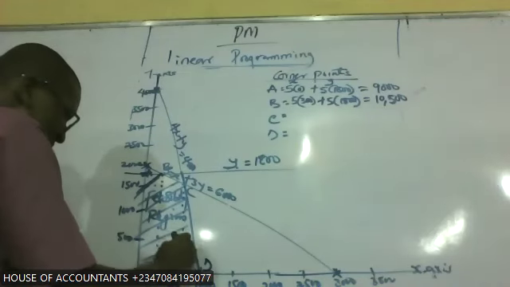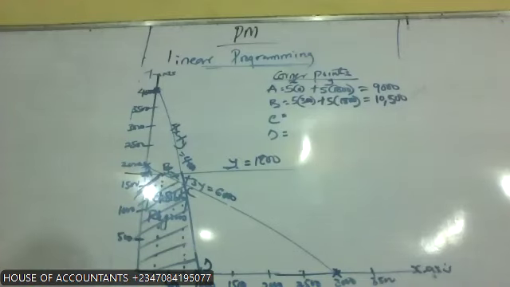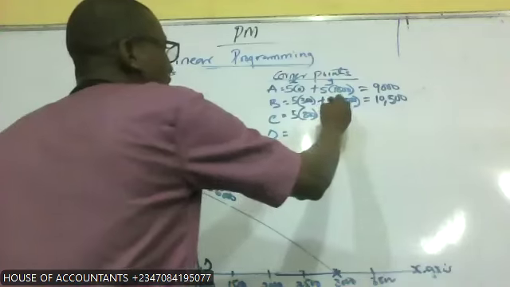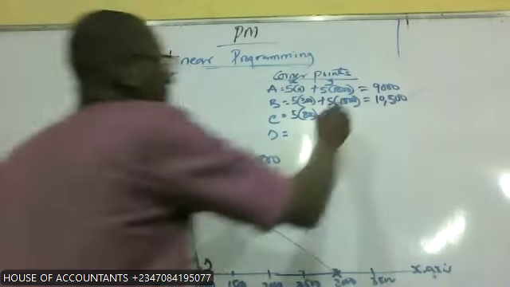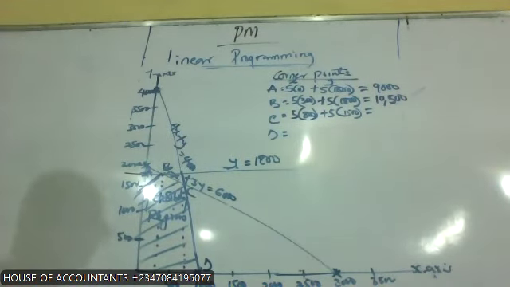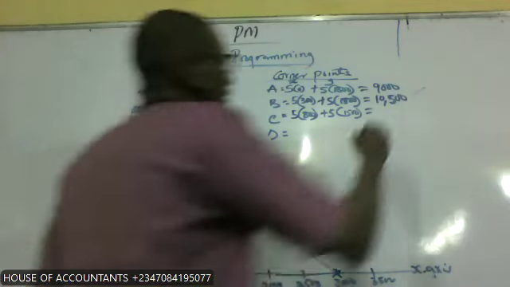X is 800, Y is 1/5. What will be the total? That's 11.5.